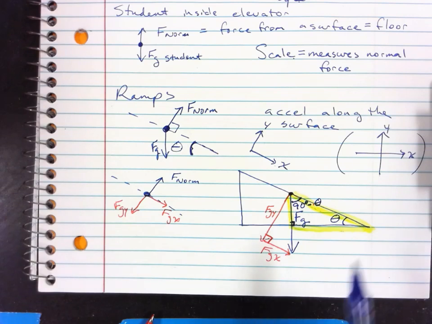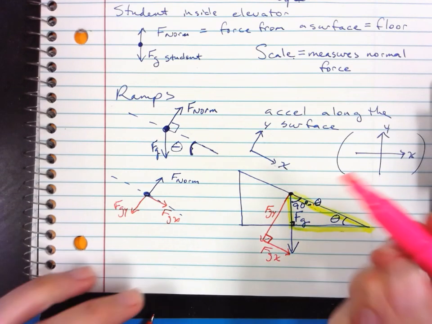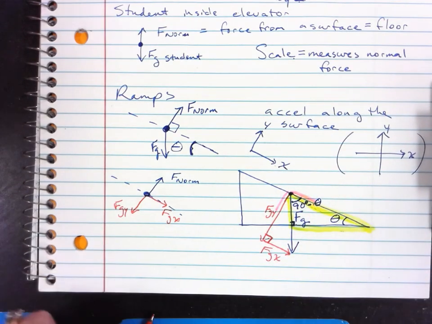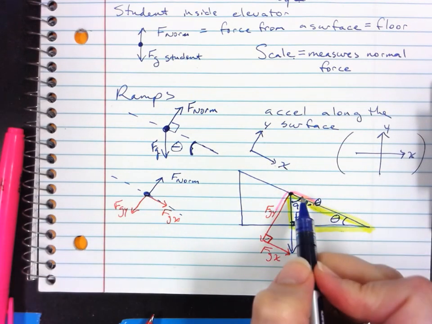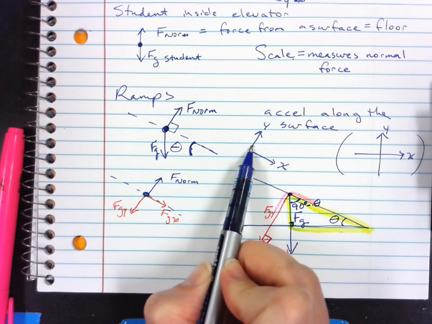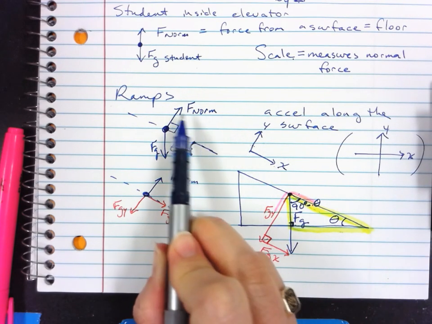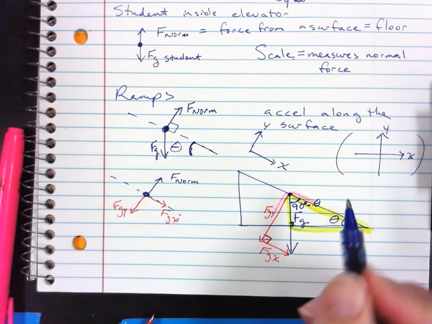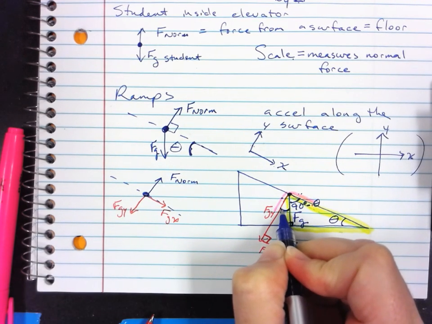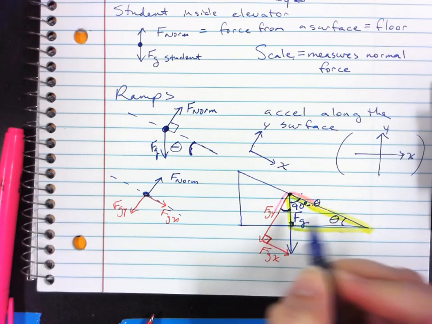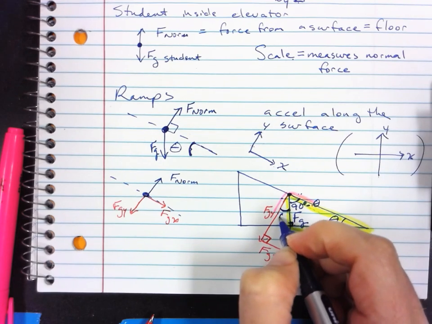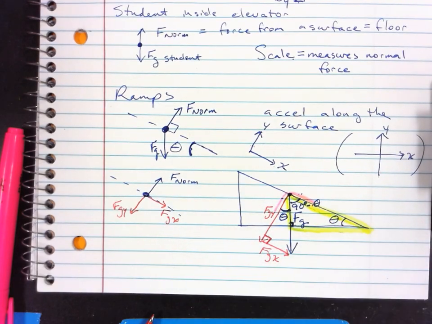Well then, this angle here between the surface and the y component that I just did in pink, that's a right angle. Again, by definition, we've defined our y direction to be perpendicular to the surface, so it matches up with the normal force. So if this pink is 90 degrees, then this little section between the red and the yellow has to be 90 minus theta, which means it's the same theta.